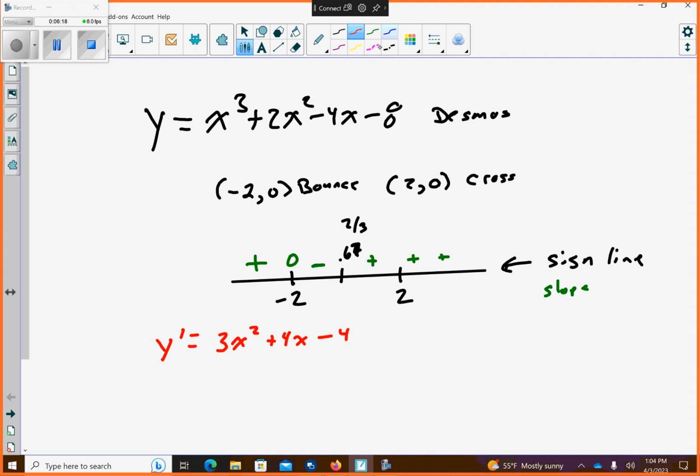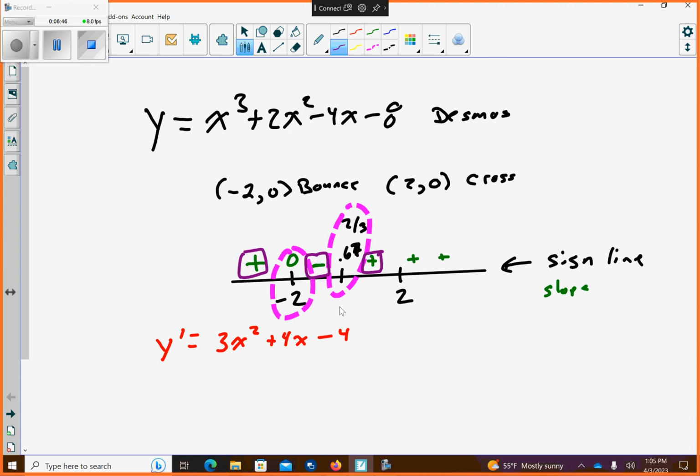So here, and here, something took place. Okay? So if you look at these values, the slope of the original was positive here. The slope between these two is negative, and the slope on the right is positive on the original.